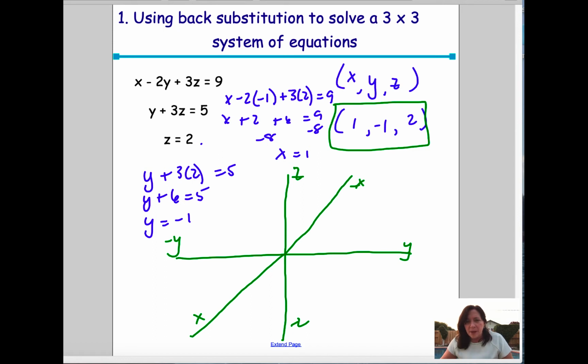So x is 1, so I'm going to go over 1. Y is negative 1, so I'm going to go out this way, parallel with this. And then z is 2, which is up 2. So my actual intersection point is right there. It goes from 0 to this value here. There's a little vector that points to where my actual graph is.